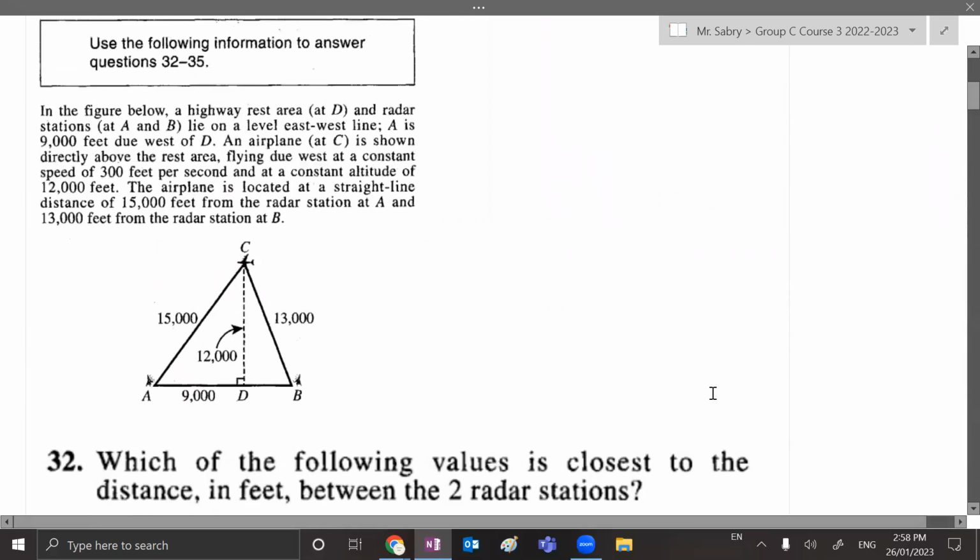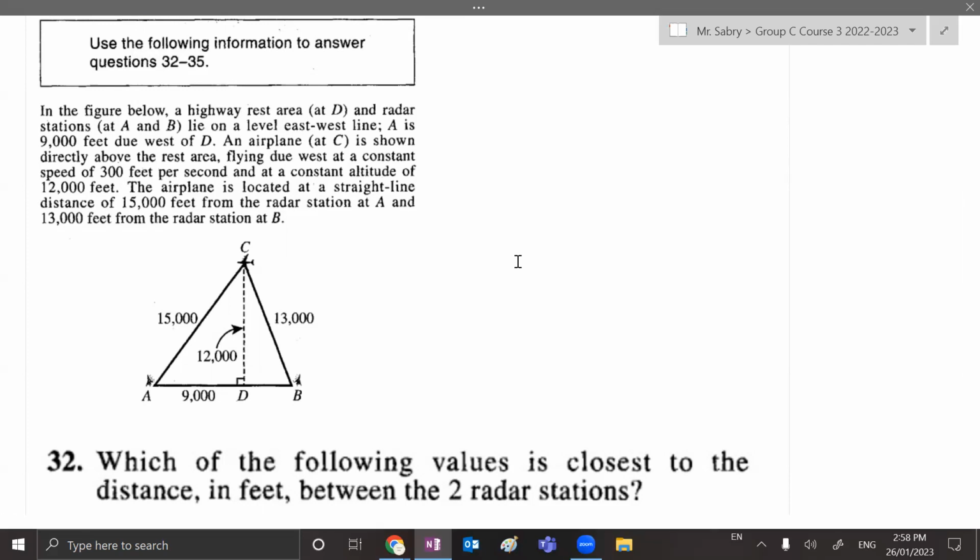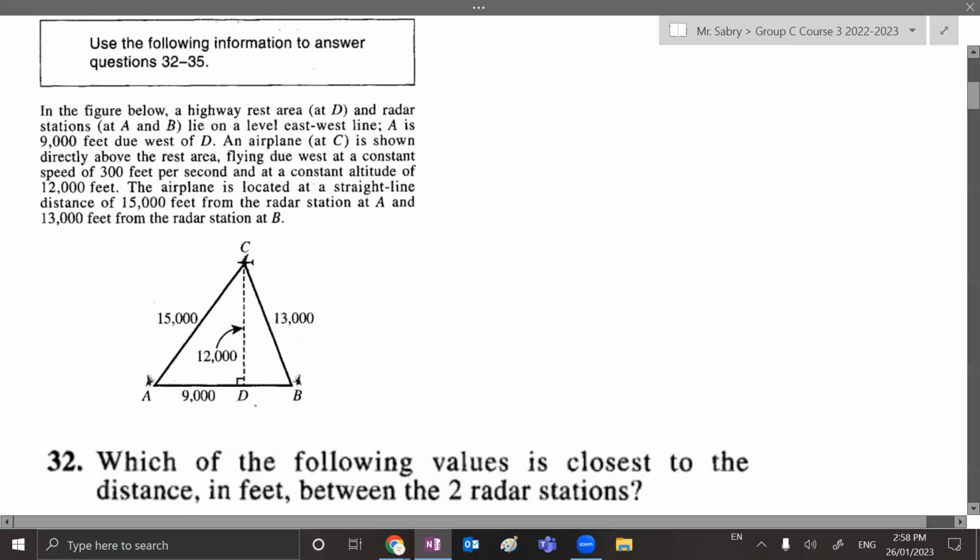Here it says these are in the figure below, this is a highway rest area. Radar stations A and B lie on a level east-west line. A is 9,000 feet due west of D, which are the distances written here. Those are the radars. The radars track the location and the distance of an airplane using those two radars.